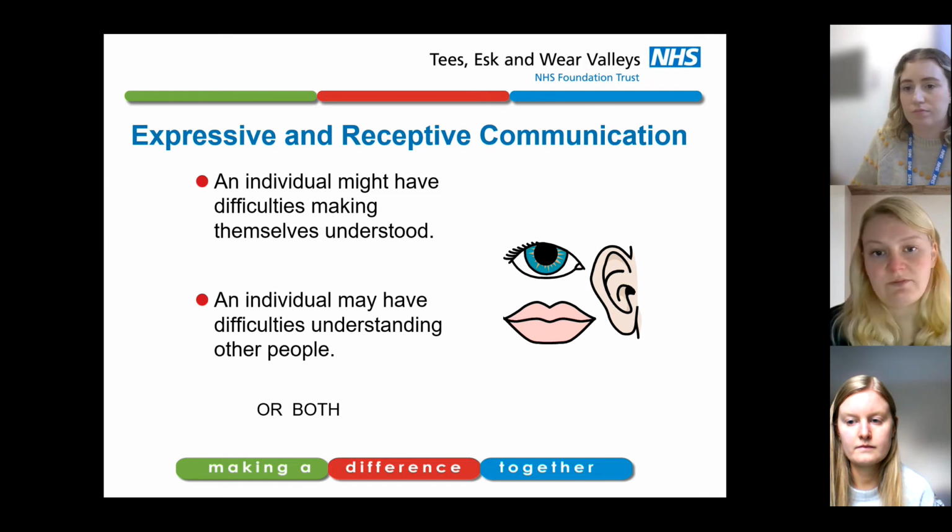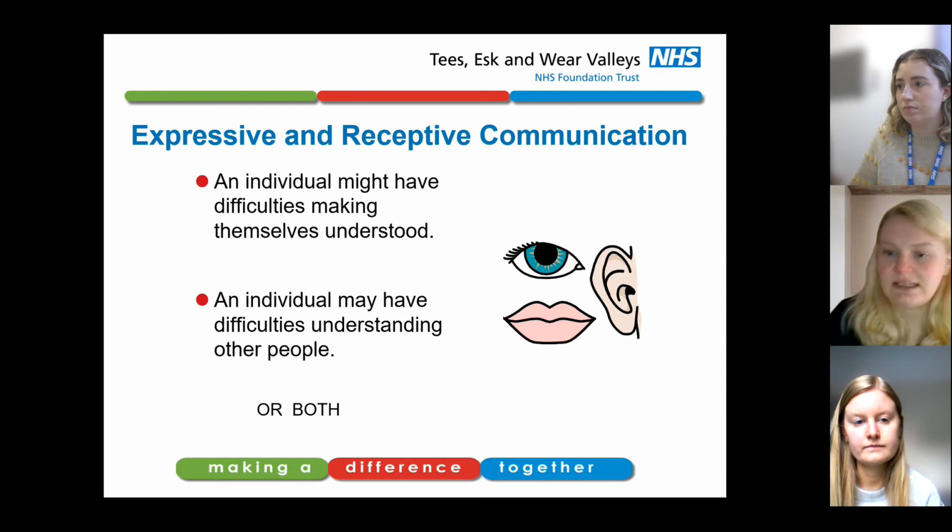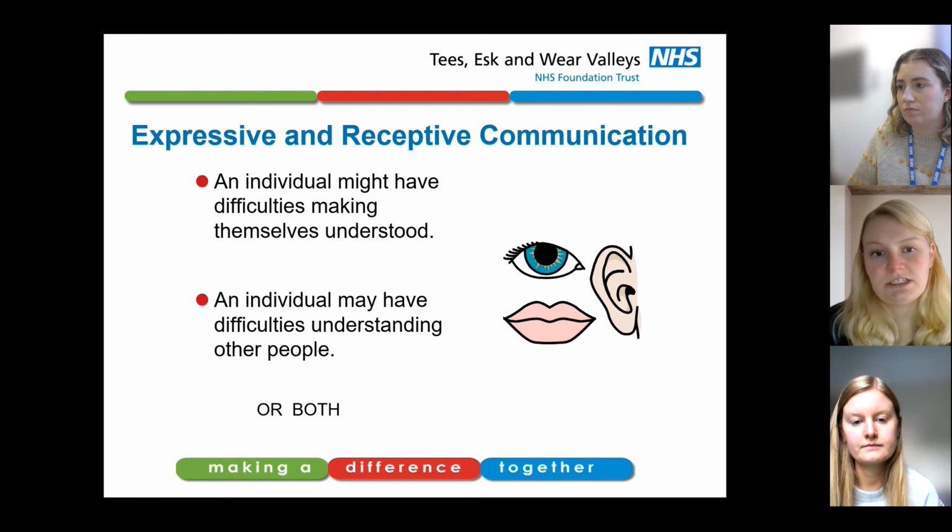But then we also have receptive communication, which is understanding, our understanding of things. So understanding our input, and people might have difficulties with those as well. People may also have difficulties with both their expressive and their receptive communication. But we'll go into detail for each in a minute.